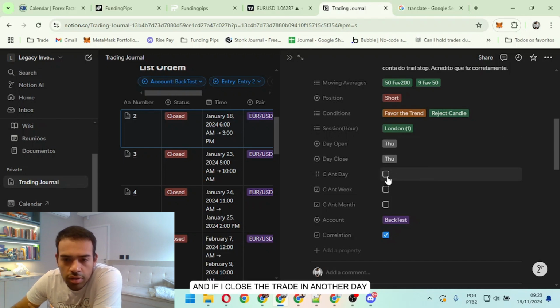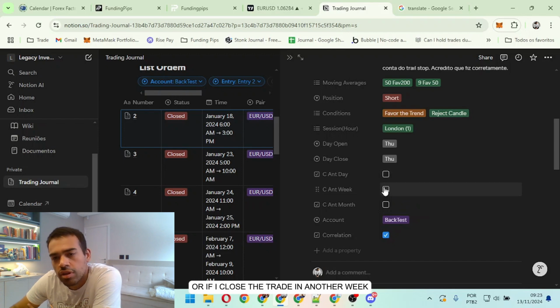If I close the trade on another day, I check this checkbox right here, or if I close the trade in another week, I check this checkbox, and another month.